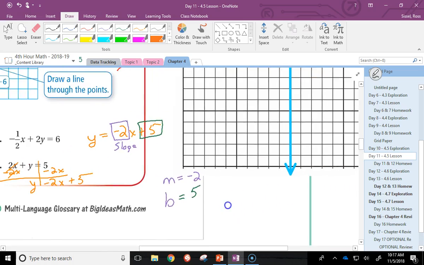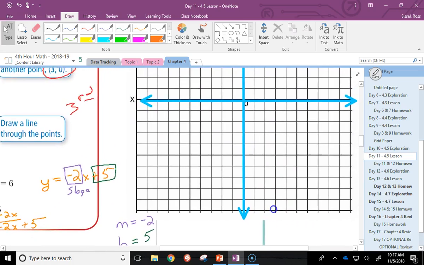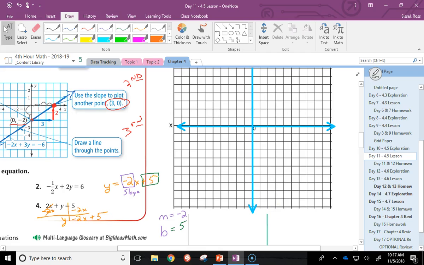Okay. We can graph this now. Here's my little grid. What's the first thing to graph this? What do I want to do first? You want to find 2, negative 2, and positive 5?